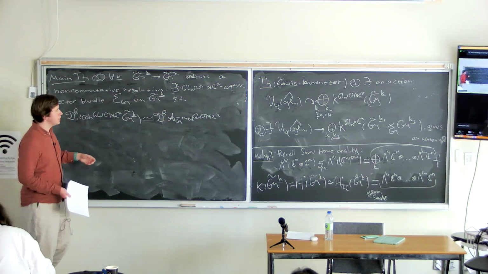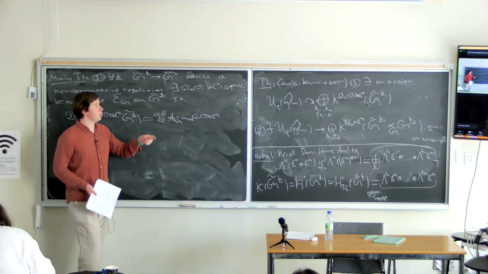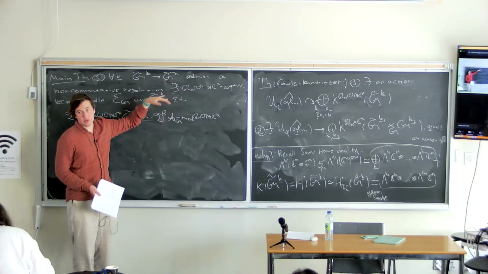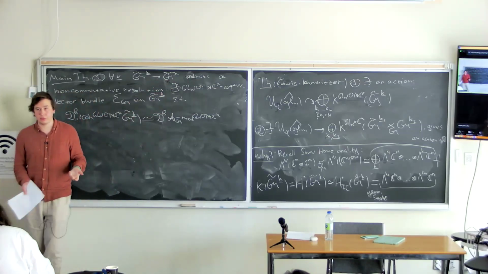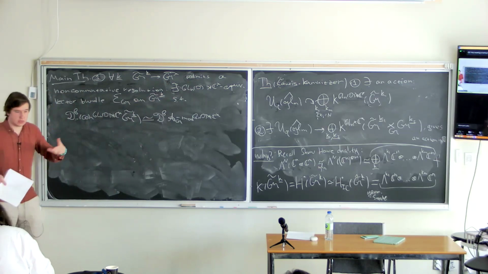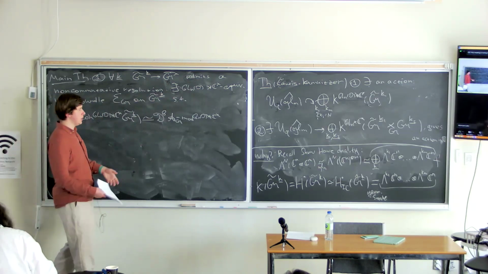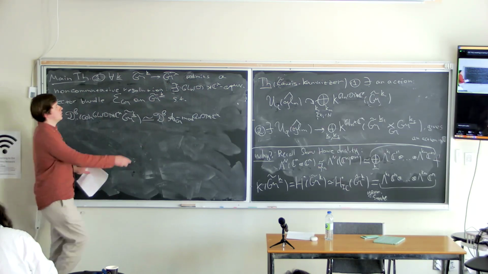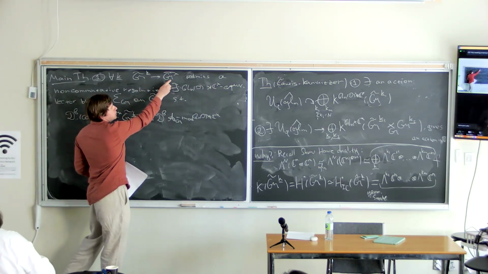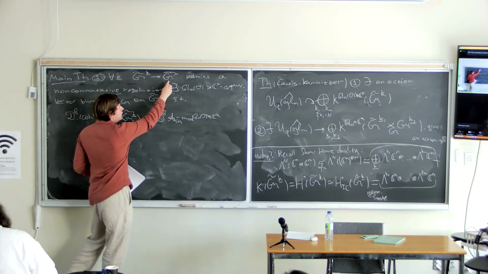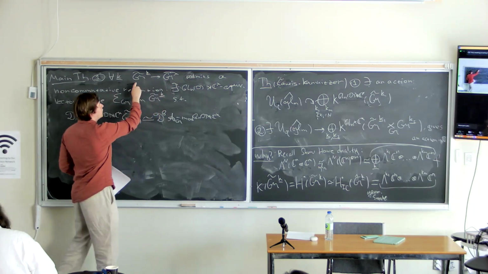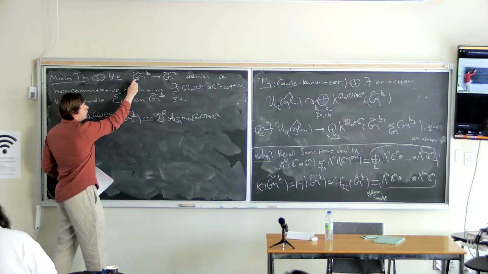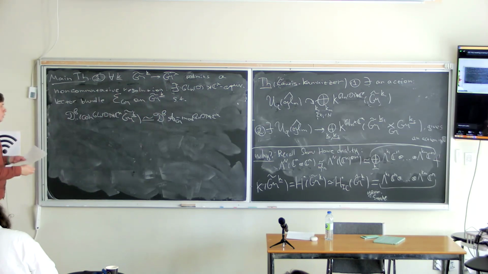It's not a big difference, but instead of an algebra we'll have a sheaf of algebras here. There we also had a sheaf of algebras, but it was the same as an algebra since it was affine. Here we're going to have a sheaf of algebras such that modules over this sheaf of algebras are derived equivalent to coherent sheaves here.